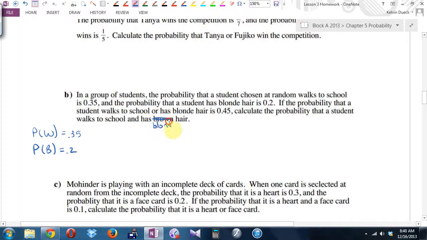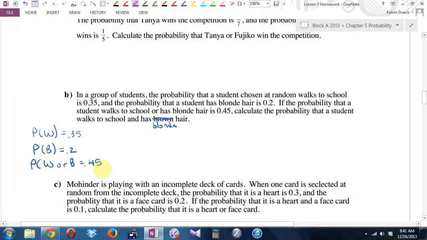Let me double check and confirm that. It says if the probability that we walk or have blonde hair, so the probability of walk or blonde is 0.45. And I think what it wants us to find is and, the overlap.